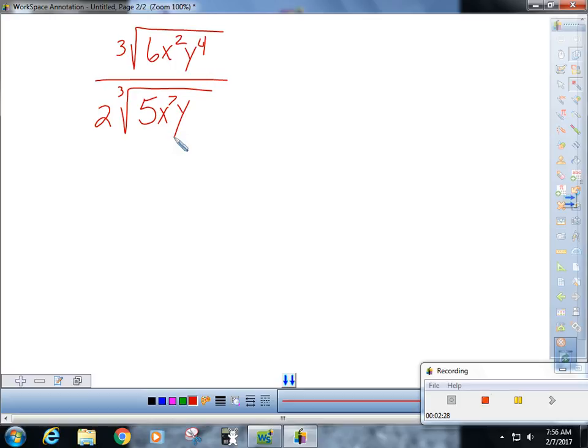Alright, so this will be tough. I don't see a whole lot I can take out, so once again, I'm going to combine these. So what I need to do is consider this 1/2. That's where this 2 on the bottom came from. We could consider that a 1 outside of there, times the cube root of 6x squared y to the 4th over 5x to the 7th y.